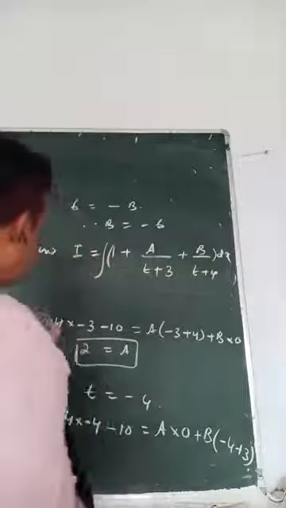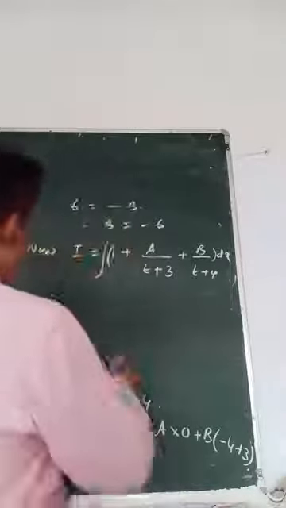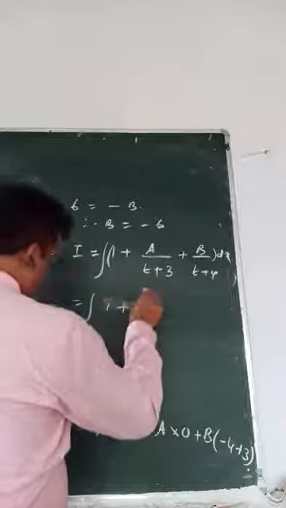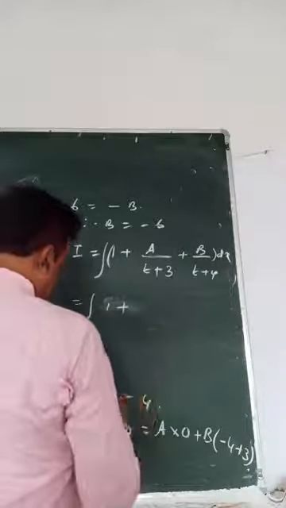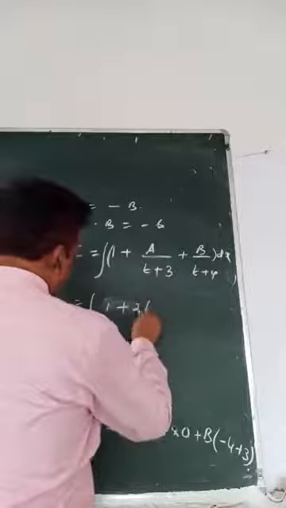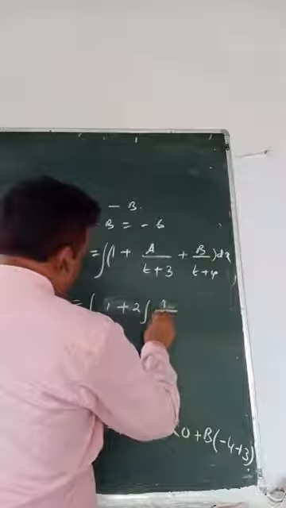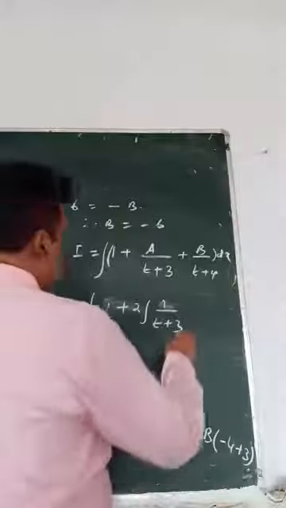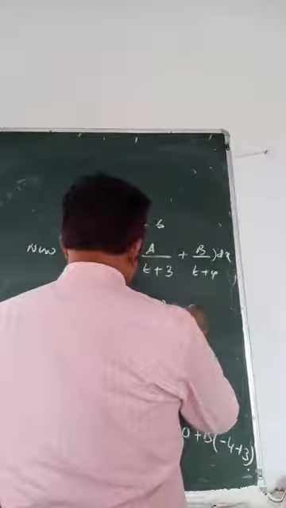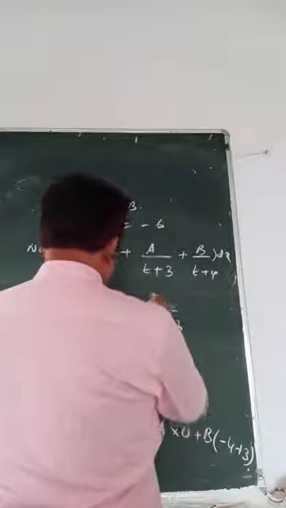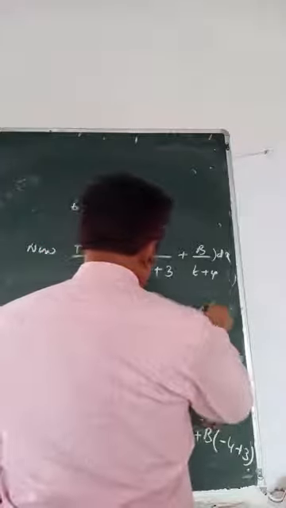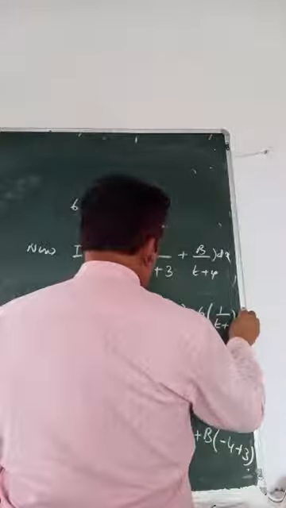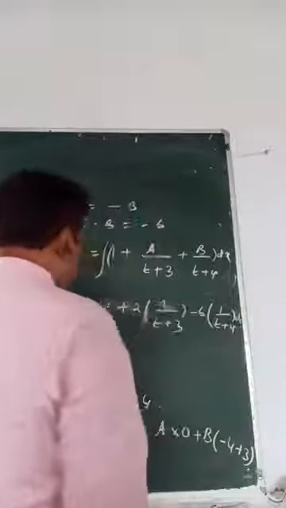So that will be the integral of 1 plus 2 by (t plus 3) minus 6 by (t plus 4) dx.